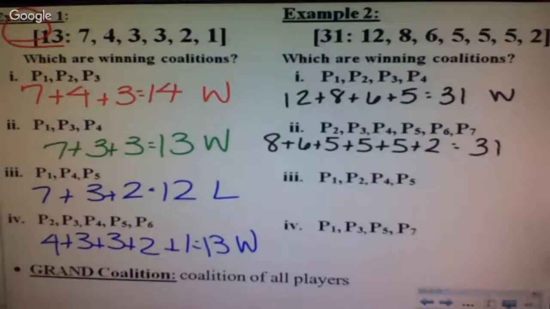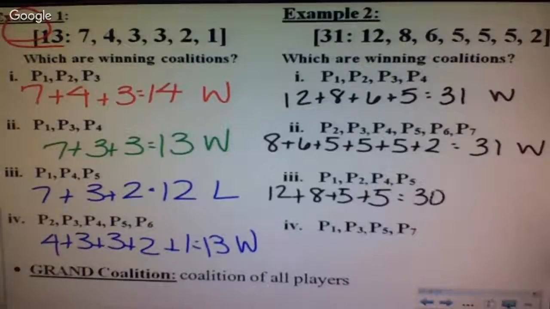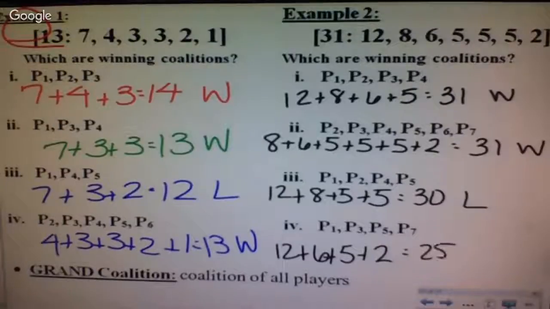That's another 31. You should have had 2 wins and 2 losses.